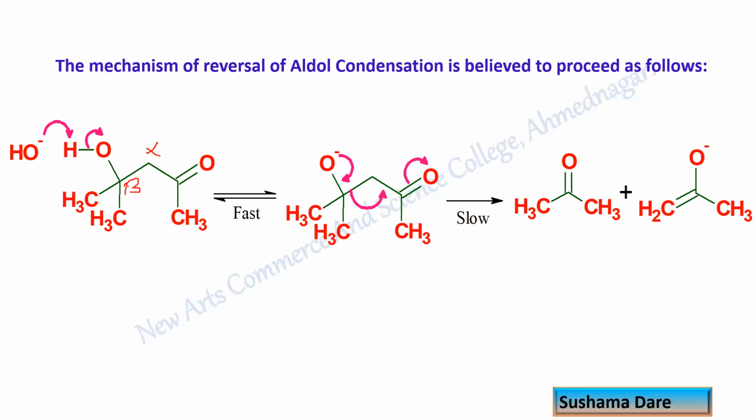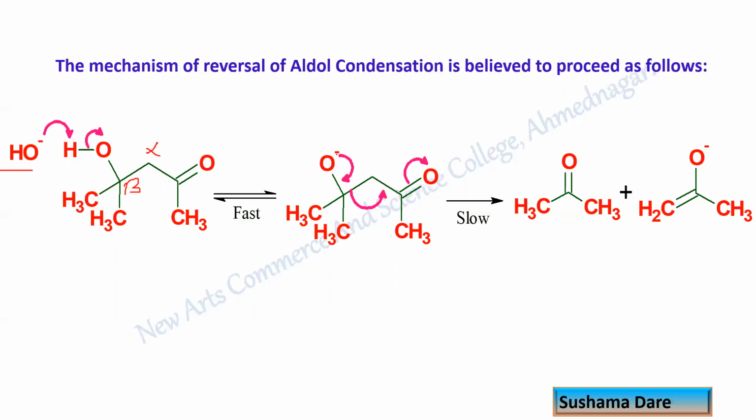In this case, as it is a base catalyzed reaction, the hydroxy group abstracts the proton of this beta hydroxy group. So due to that, there is a generation of a minus charge on this oxygen, and this oxygen now undergoes redistribution of electron density.